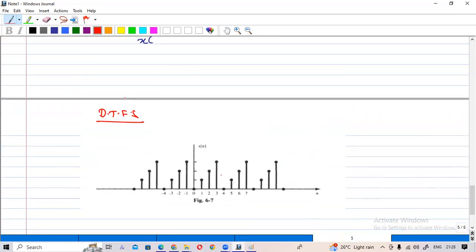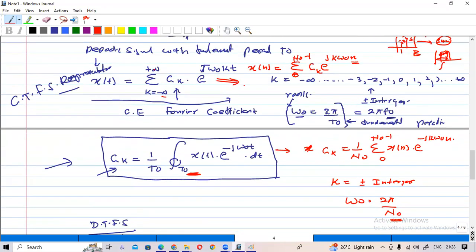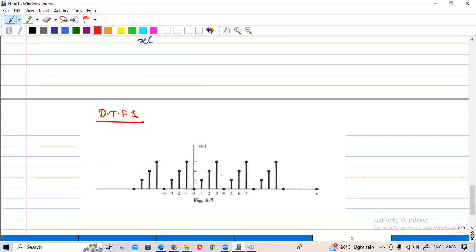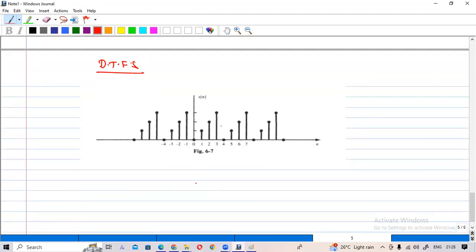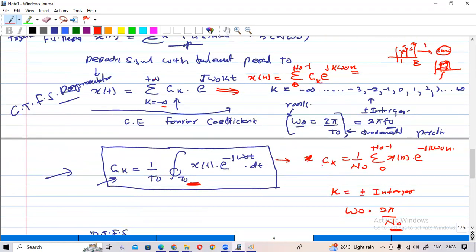Under DTFS, you should know these two equations, the red color equations, and how to apply them to solve the problem. You need not remember this one, it will be given, but you should be able to apply it and solve the problem.